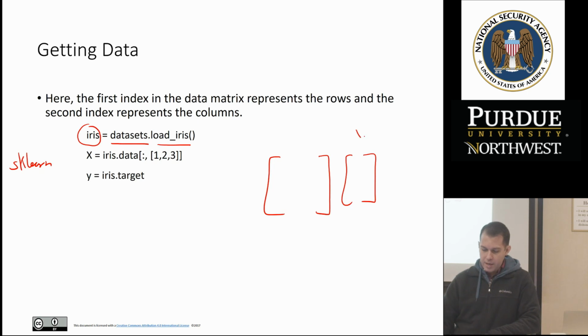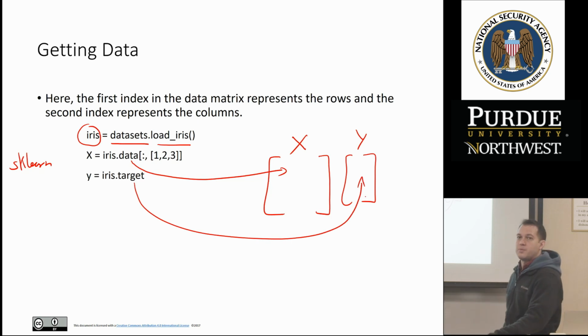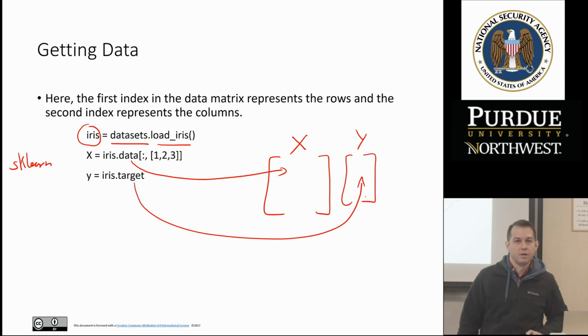So you want to separate that out into a Y and an X, right? Because you're going to be using these separately. So you can see here iris.data conveniently has a way to separate these things automatically for you. This is very convenient when you're just trying out things, getting your data going.